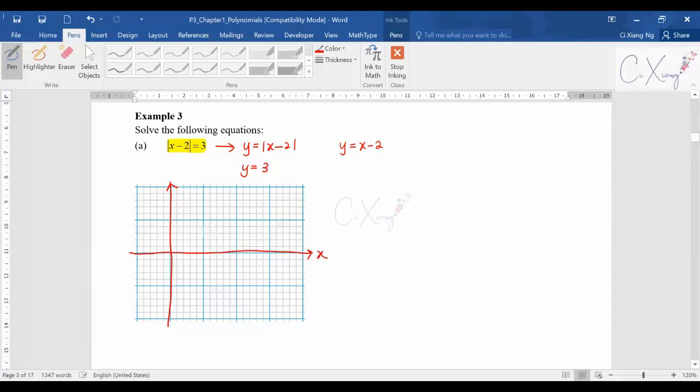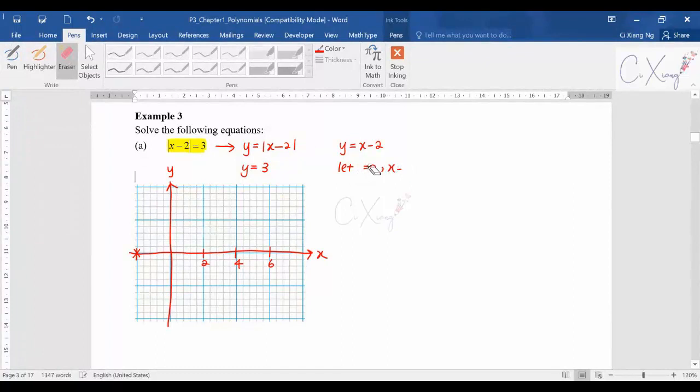Let's say this is my x and this is my y. When y equals 0, your x is negative 2. Hey, sorry, I think I made a mistake.